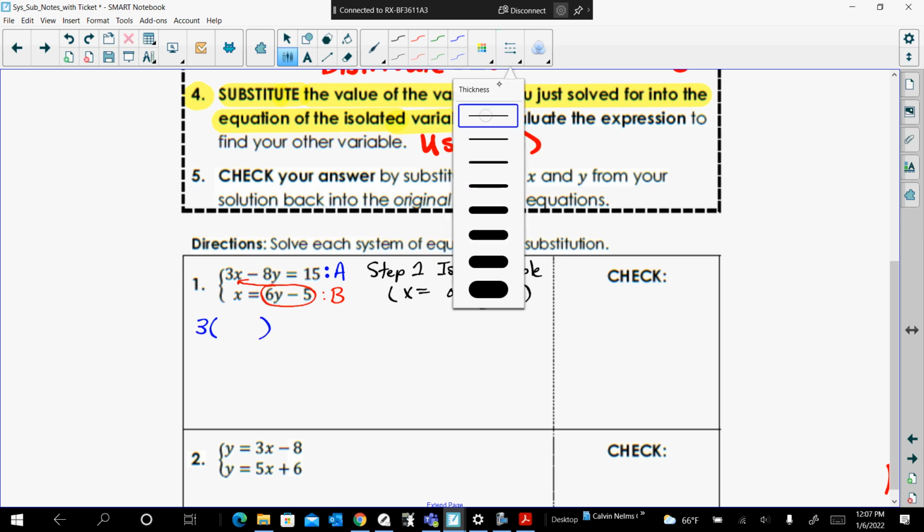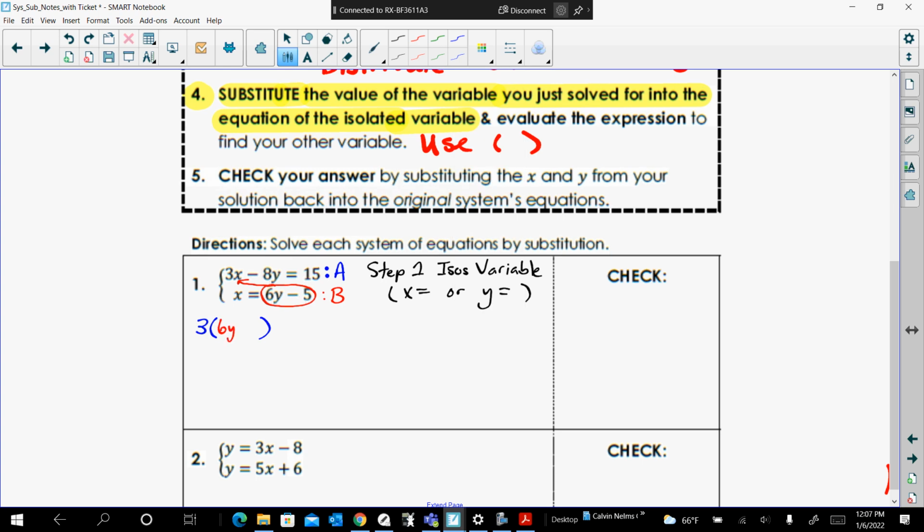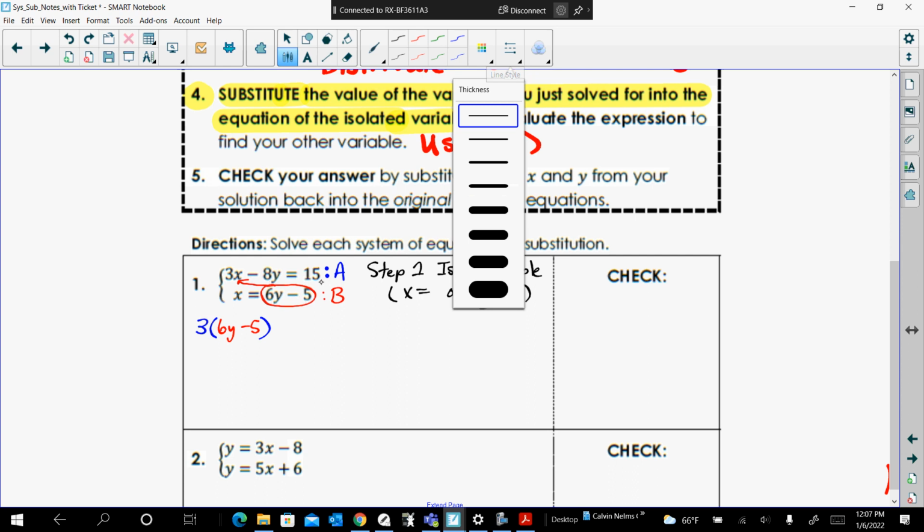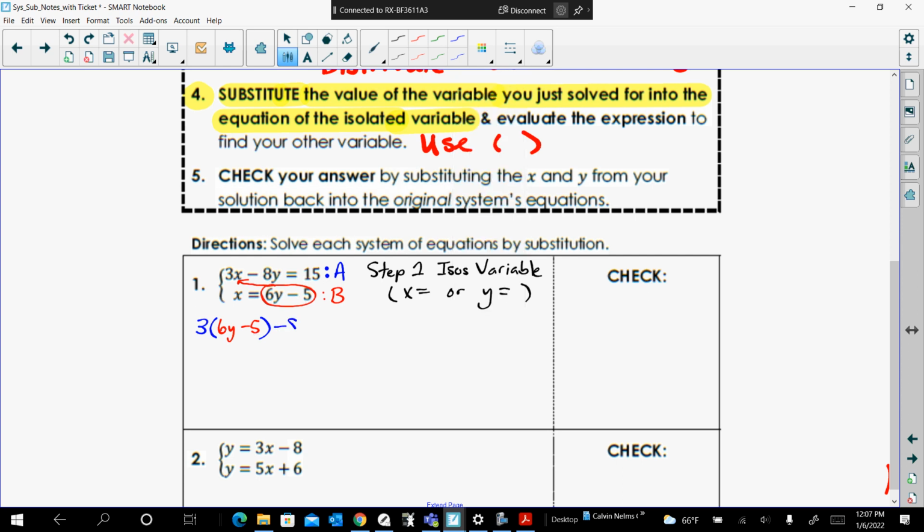Inside that parentheses would go the 6y minus 5. Then we write everything else in equation A, which is 3 parentheses, 6y minus 5, then minus 8y equals 15. That is step 2, substituting the expression of the isolated variable into the equation.